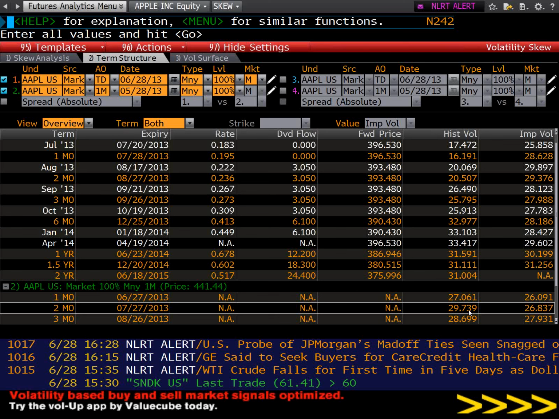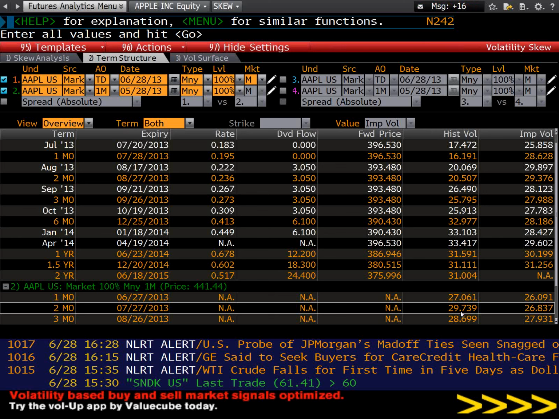It's sort of like buying a low PE or a high PE. The way you can look at an option is the same way you can look at a stock. If a stock trades at 90 times earnings, it's expensive if it's only growing 20 or 30%.